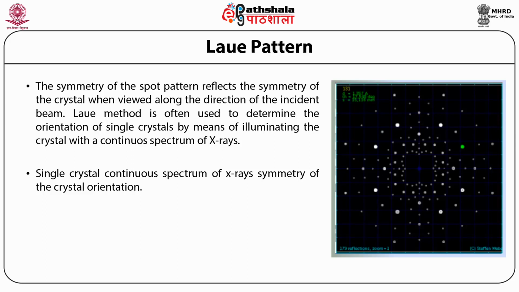This pattern also reflects the particular symmetry of a crystal. For example, if it is simple cubic or if it has hexagonal symmetry, depending on that we will obtain this pattern, and from this pattern we can identify what kind of symmetry the sample has.